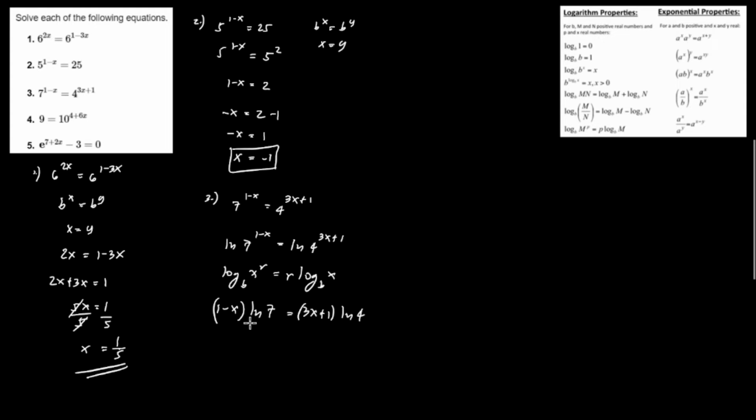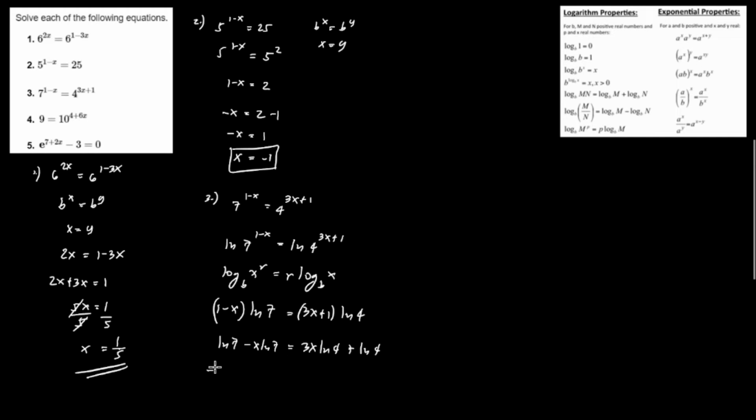So ln of 7 times 1 is ln of 7, and negative x times ln of 7 is negative x ln of 7, equal to 3x times ln of 4, 3x ln of 4, plus 1 times ln of 4, or plus ln of 4. And transpose all terms with the x variable to the left side.